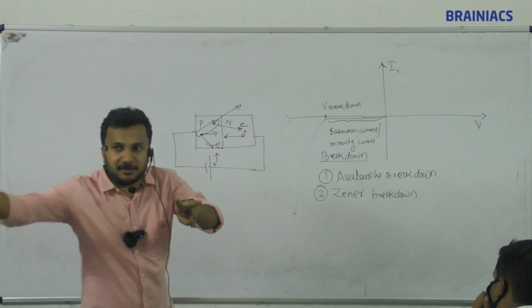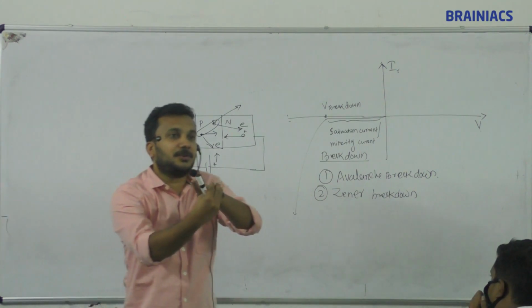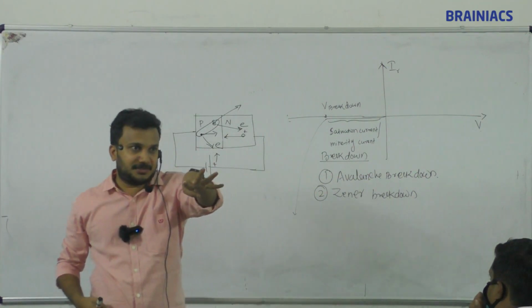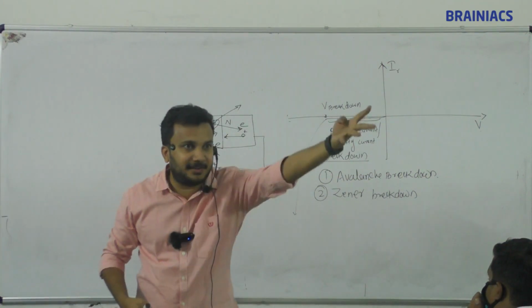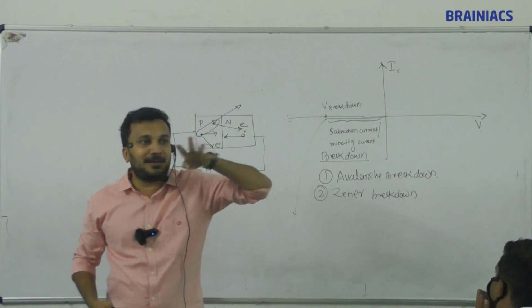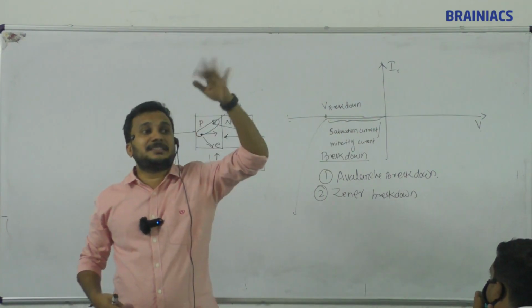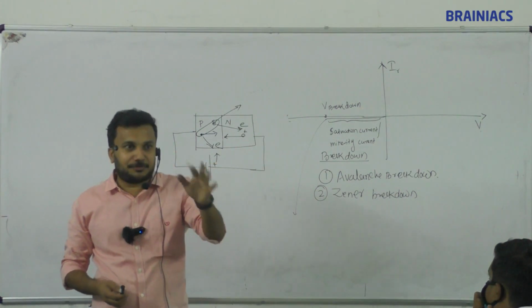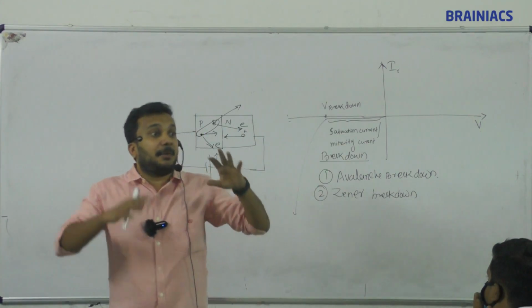So 2 become 4. These 4 go and hit and create 8, and those 8 hit and become 16. So this is a kind of chain reaction: 2 become 4, 4 become 8, 8 become 16.